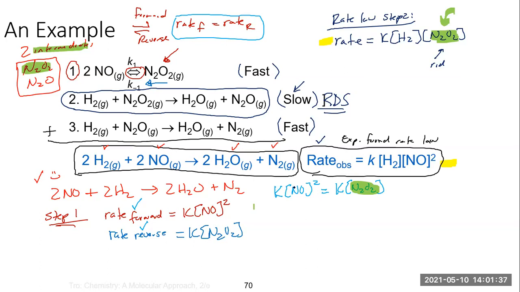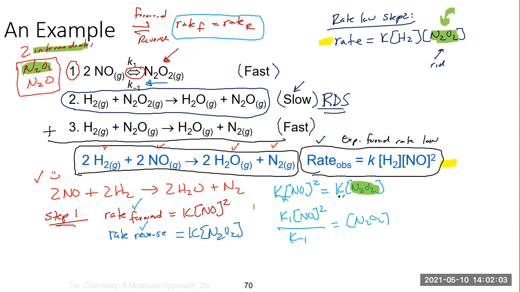And I could do that, and if you want to be technical about it, this would be the forward direction, that would be the reverse direction, or it actually would be 1 and minus 1 in this case. We're going to divide the K value to the other side. That will give us, I'll use the right K's then, K1 times NO squared divided by K to the minus 1 equals our N2O2.